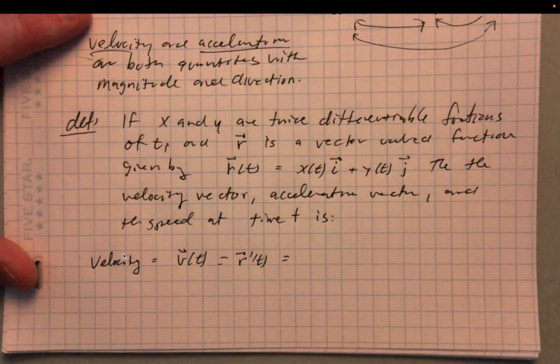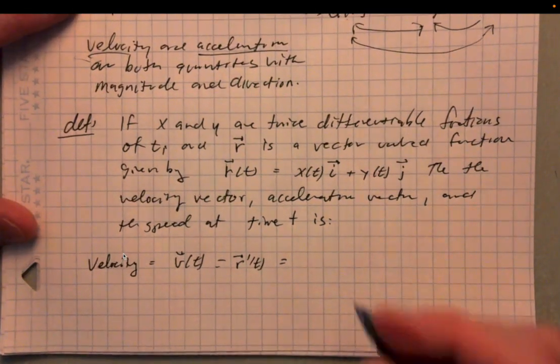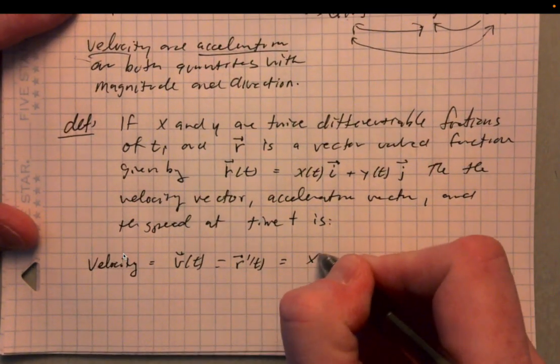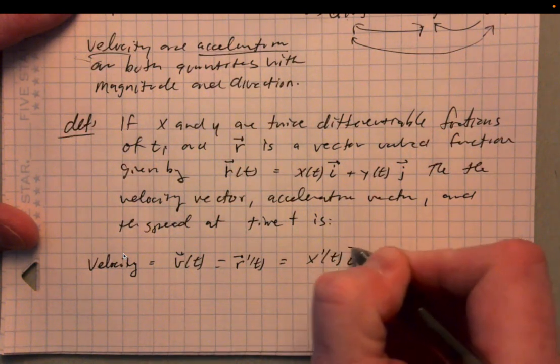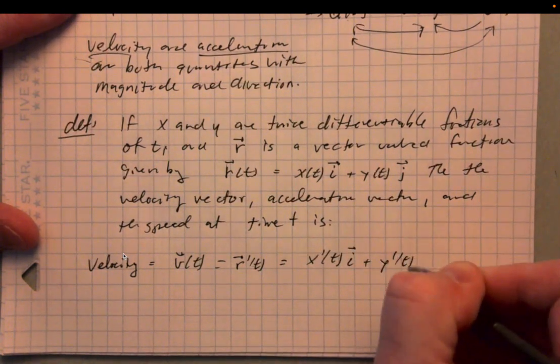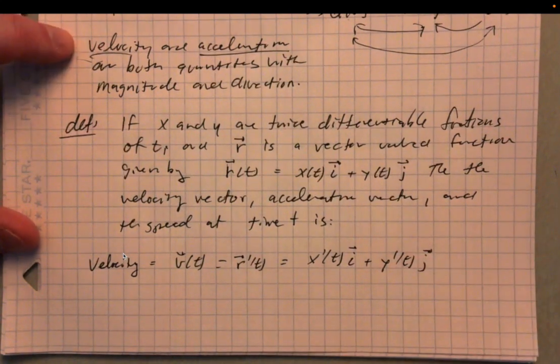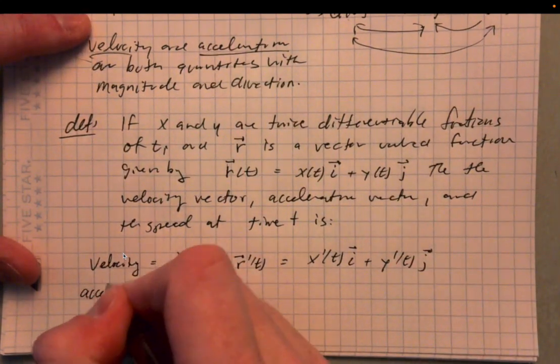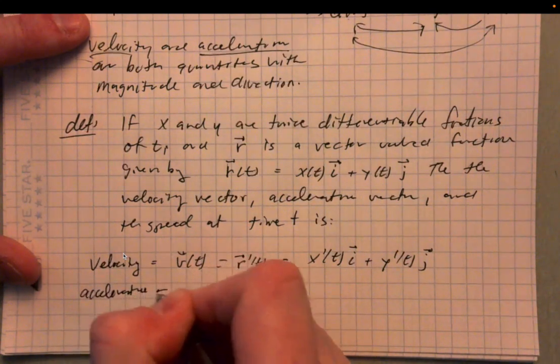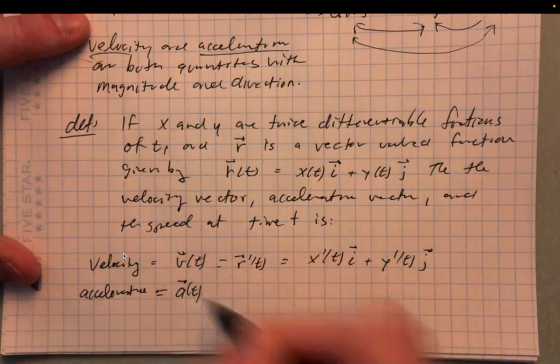And we know how to differentiate those vector valued functions from the previous session, so that's just x prime of t times i plus y prime of t times j. And acceleration, that's a of t.